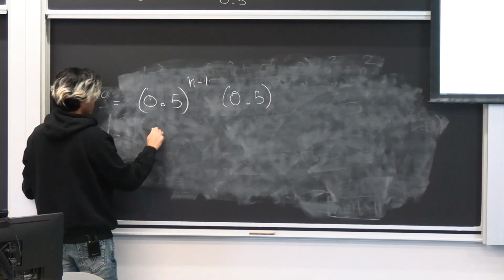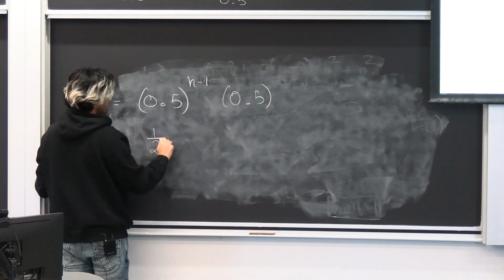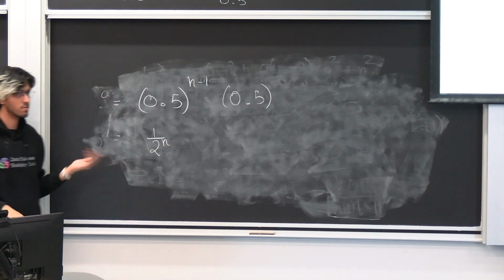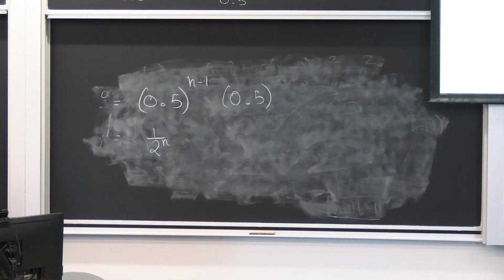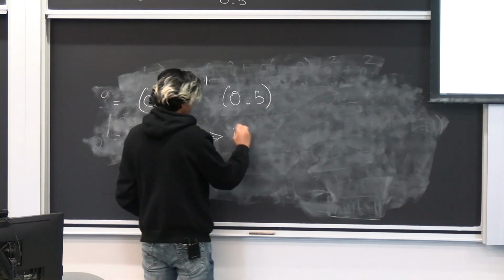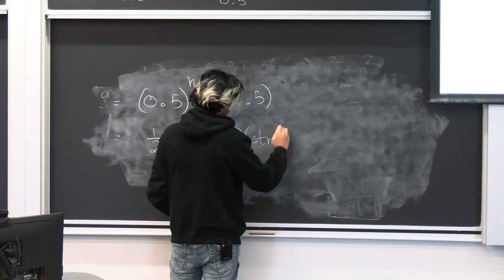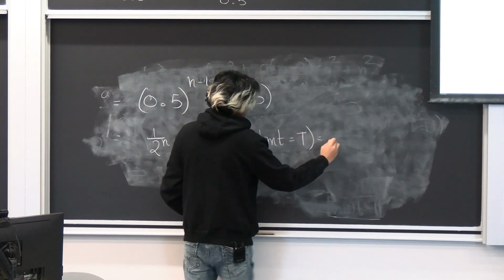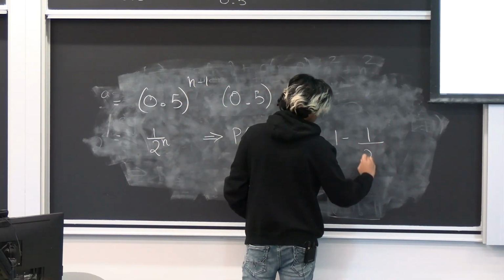So this simplifies to half to the power n. Okay, but that's the probability of this statement being false. So what's the probability of it being true? 1 minus 1 over 2. Yeah, just take the complement. And probability of statement equals true is 1 minus 1 over 2 to the power n.